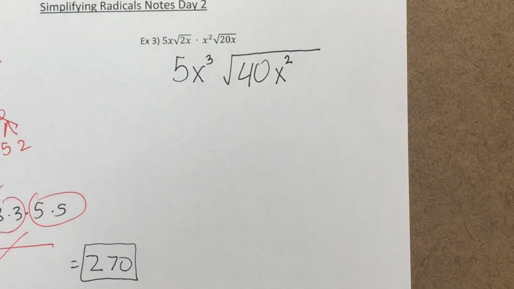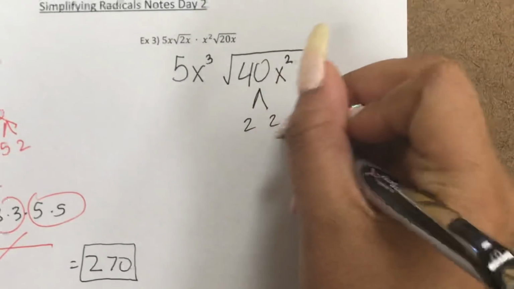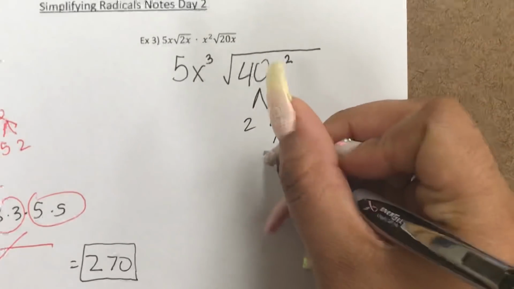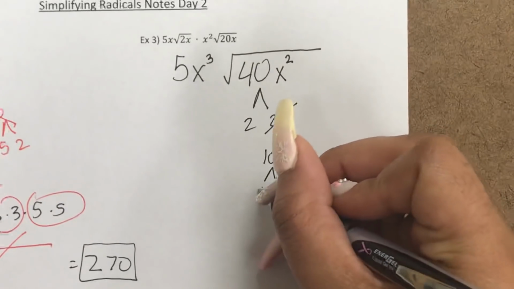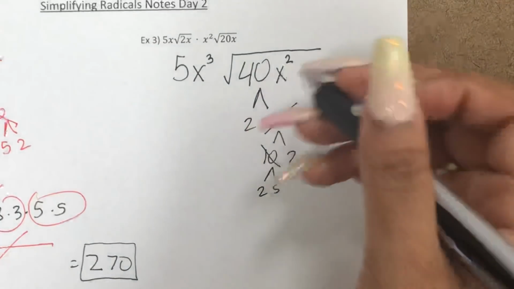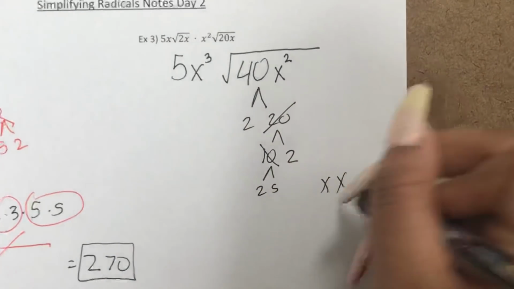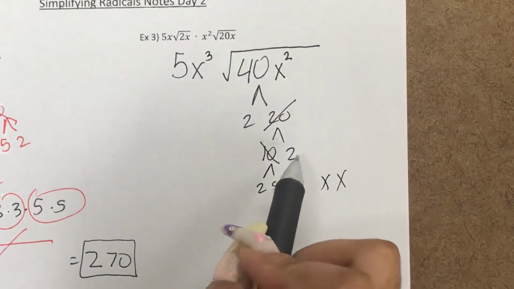Okay, let's break down the inside. So that could be 2 and 20. 20 breaks down into 2 and 10. 10 breaks down into 2 and 5. Then I have 2 x's. So right now I have 2, 2, 2, and a 5.